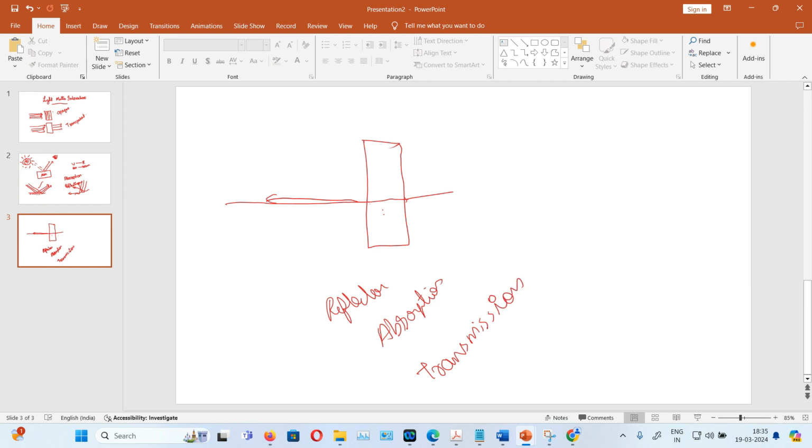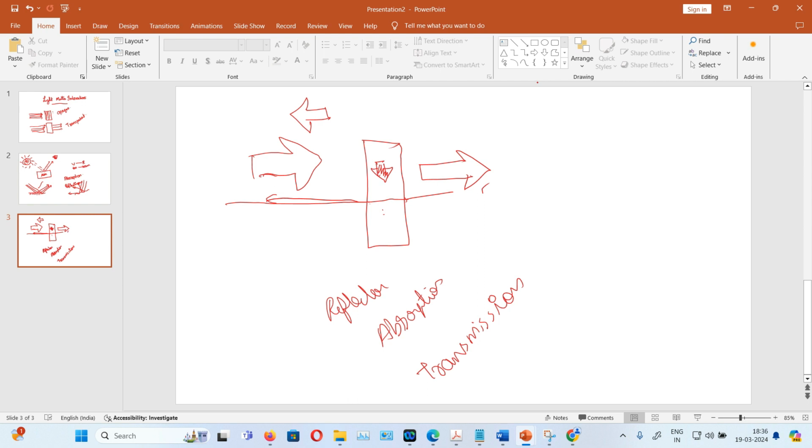So there will be some incident light which is coming here. Some light goes back by reflection, some light will come as a transmission, and some light is actually absorbed by that particular material.